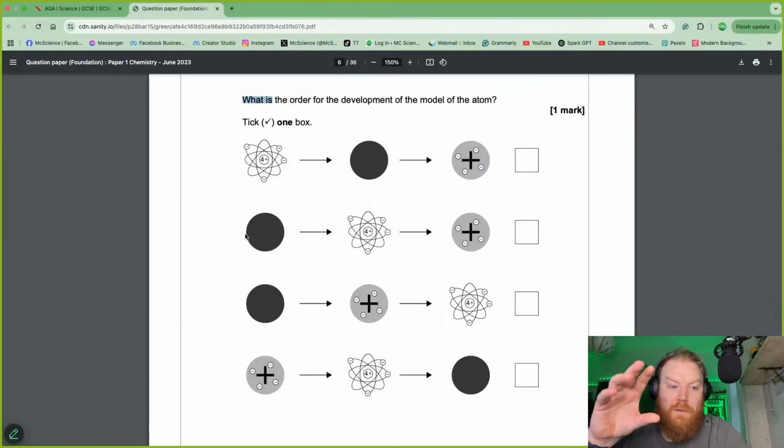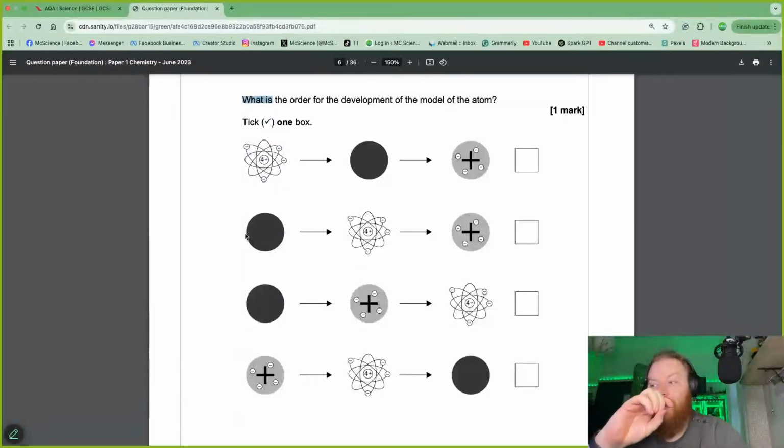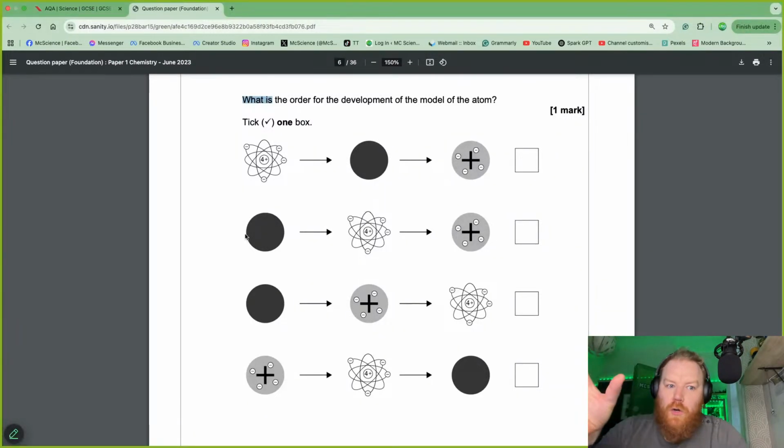The plum pudding model is a big open spherical space of positivity, and we have then electrons dotted around. And with the plum pudding model, we didn't actually know that there were protons or neutrons at this point. It was solely just these two things.